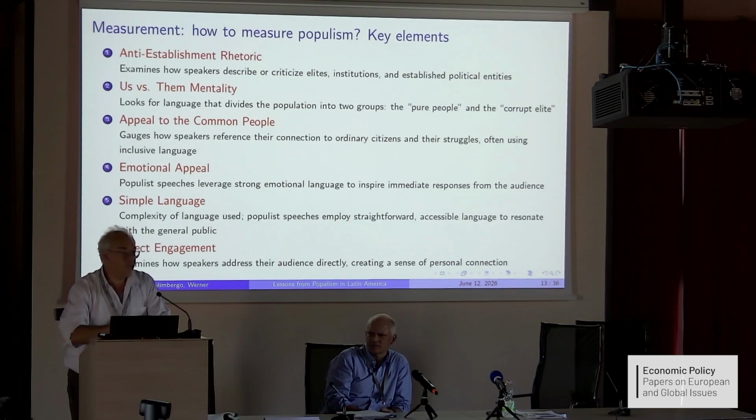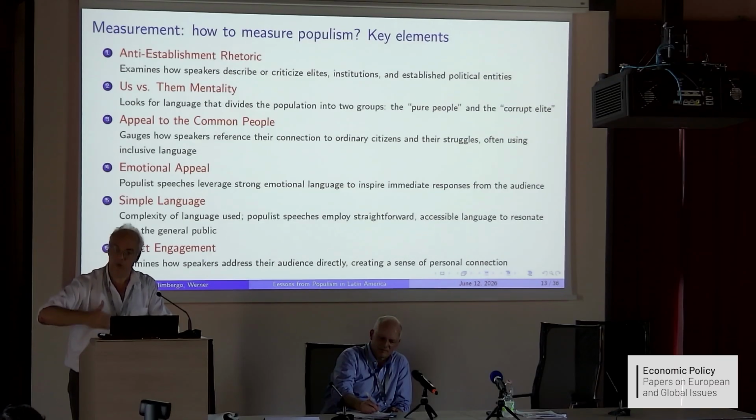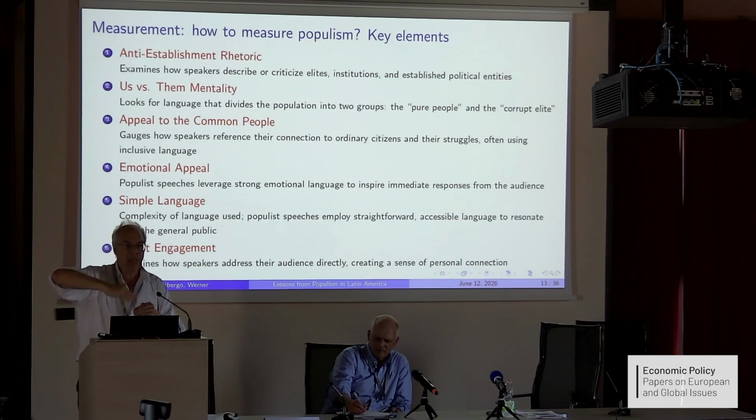All these characteristics are independent from the economy; they are the narrative of the populist leaders themselves. They go through several speeches, manifestos, and speeches at the beginning of the government, and they score them between 0 and 2: very populistic, less populistic, and so on.